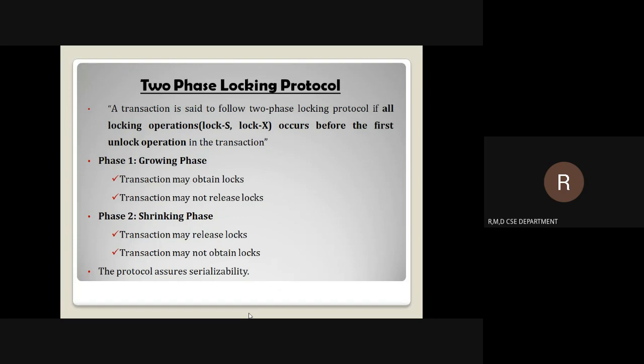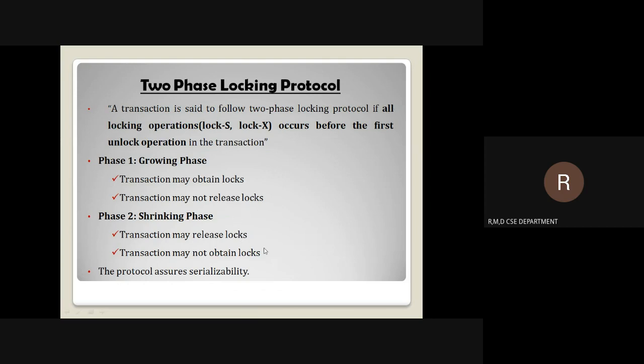Here is an example to examine whether a transaction follows the two-phase locking protocol or not. As per the definition, all the lock operations should be done before the first unlock operation. Where the lock operations are done, that is the growing phase.